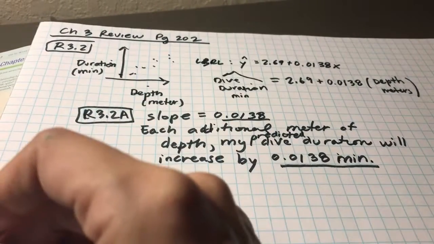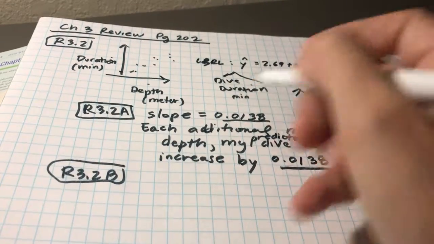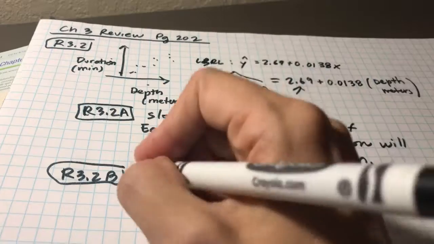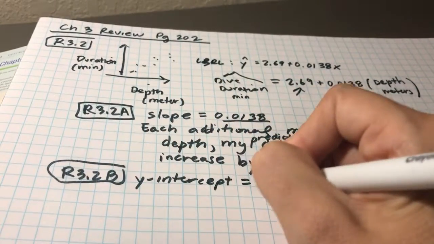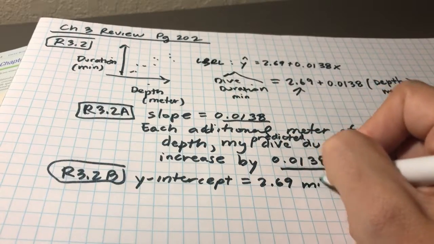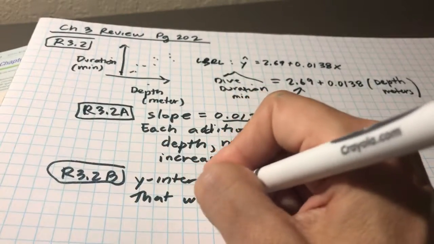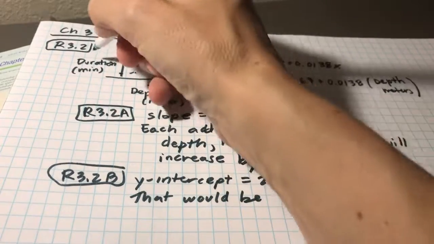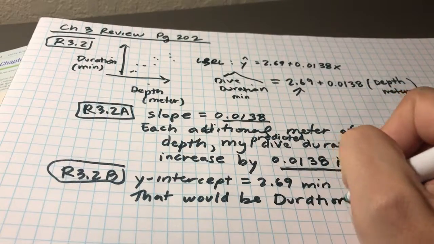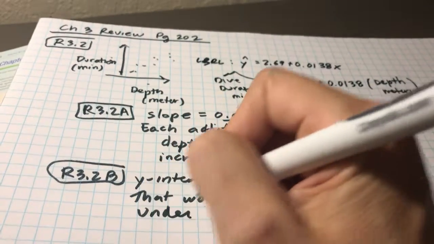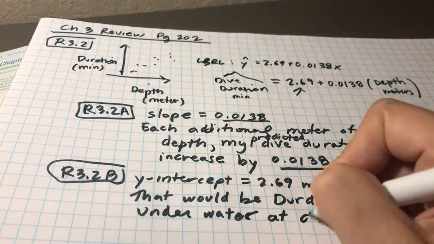Now the next part of the question says, does the y-intercept make any sense? If so, interpret. I kind of touched on that. The y-intercept is equal to 2.69 minutes. That would be the duration underwater at depth 0.